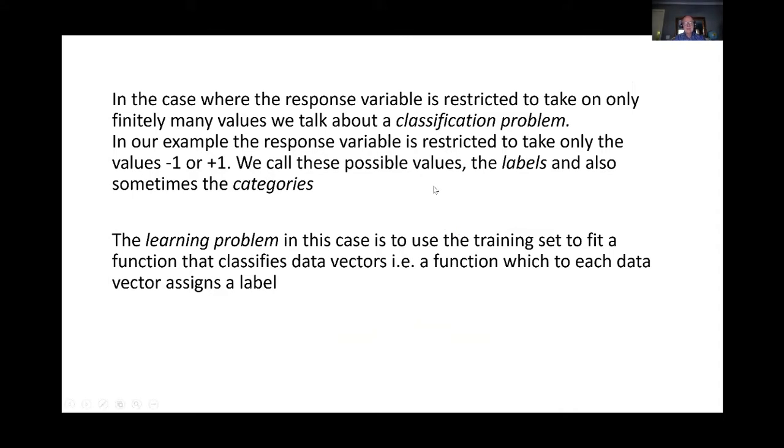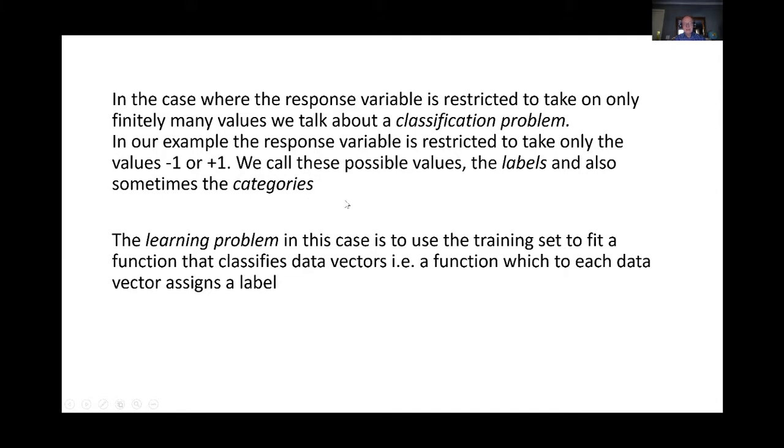So let's set up the problem. We are trying to train a model. We're given a set of training values. That means we have training vectors, and for each of these training vectors we have a label, either -1 or +1.